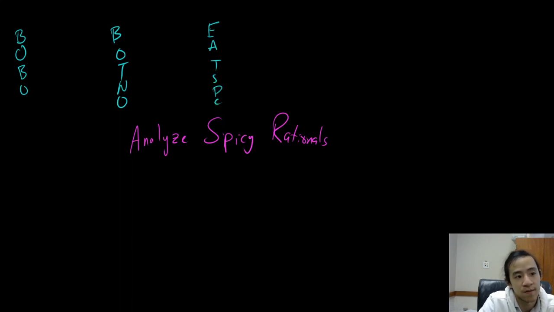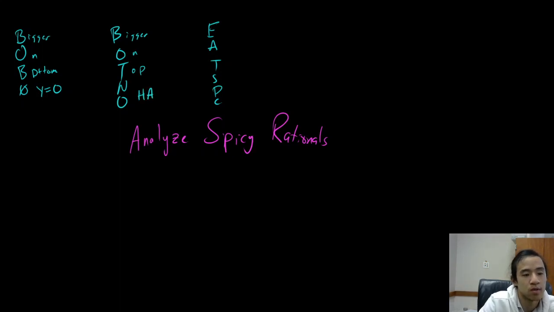So BOBO means if the exponent is bigger on the bottom, then you have a zero asymptote. So it's going to be y equals 0. BOTNO, this is going to be if it's bigger on top, you're going to have no horizontal asymptote.